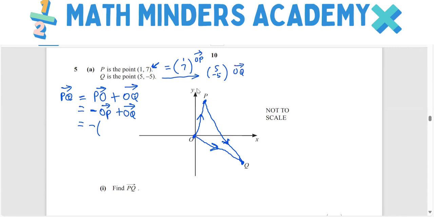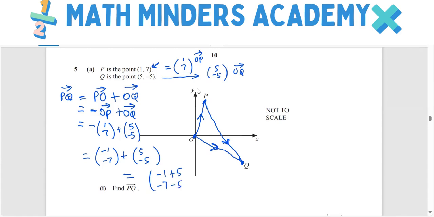So this is going to give me minus (1, 7) plus (5, -5). So this is going to give me (-1, -7) plus (5, -5). If we add this together, we are going to get -1 plus 5, and -7 minus 5.